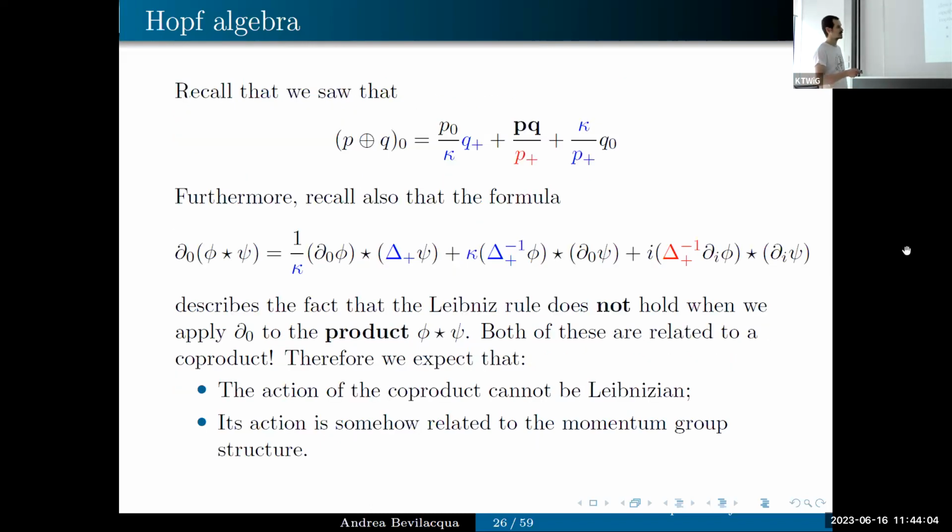It means that if we have a coproduct, we expect that the action of the coproduct cannot be Leibnizian, because the coproduct should describe something like this, and this does not satisfy the Leibniz rule. And it is somehow related to the momentum group structure, because, as I said, this is basically the same as this. This is not rigorous mathematics, just to give you an idea of what's going on. You can codify this much more mathematically, but you can look at the references for this.